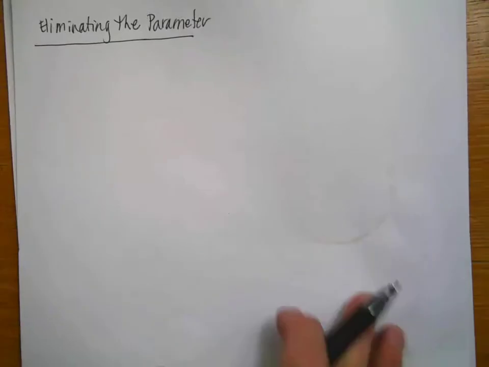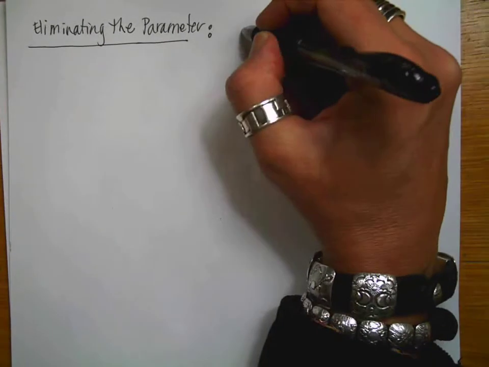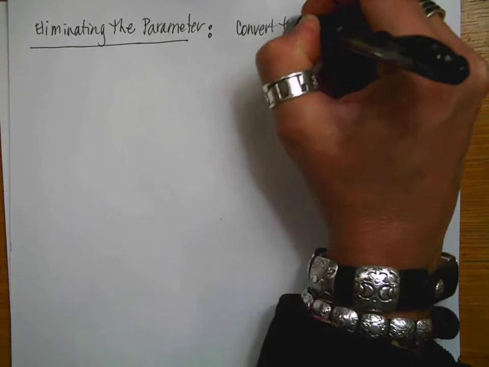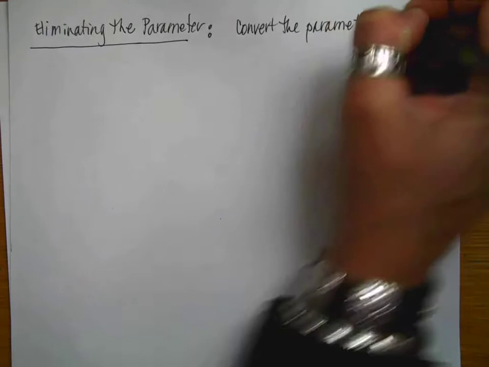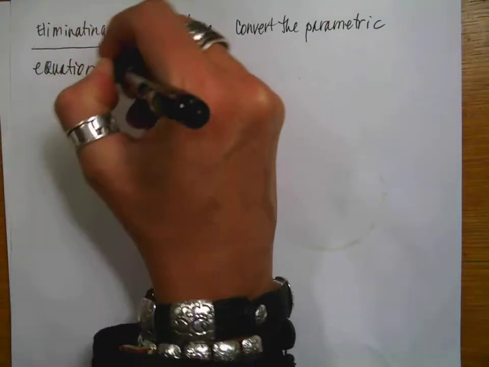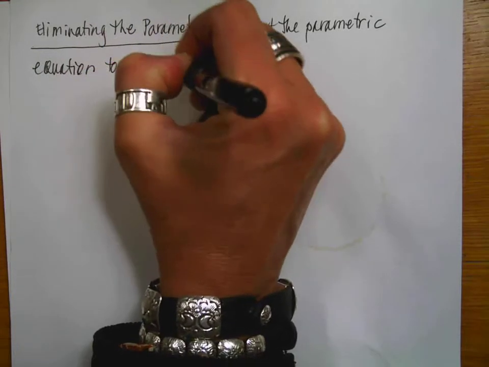So the next thing that we want to talk about is eliminating the parameter. Okay, and this is going to be a type of problem that you see often. So I want to convert the parametric equation to a regular rectangular equation.